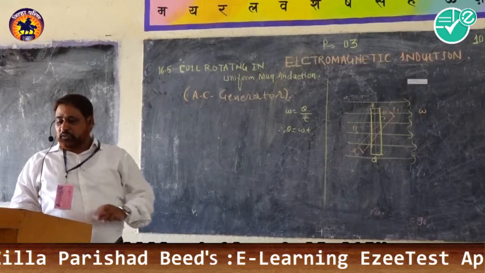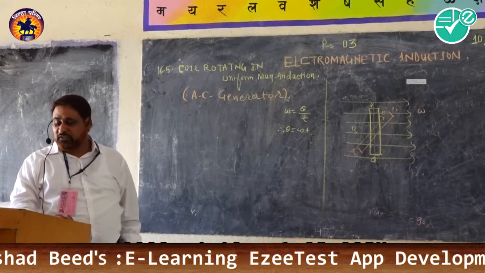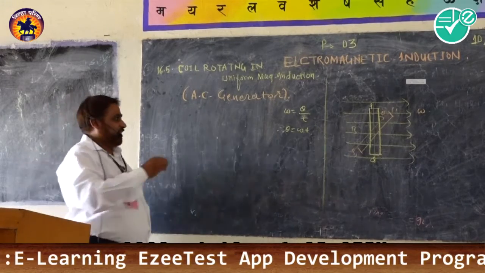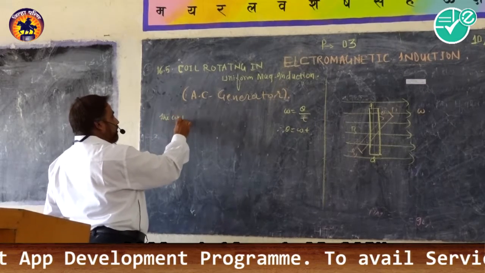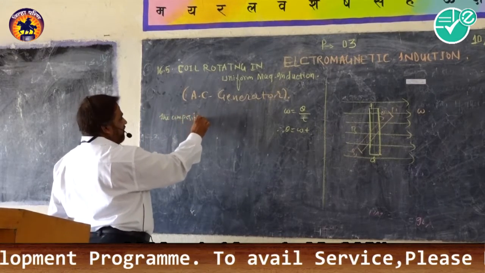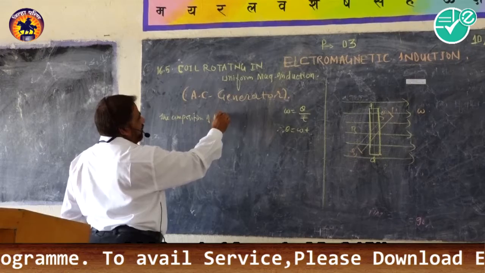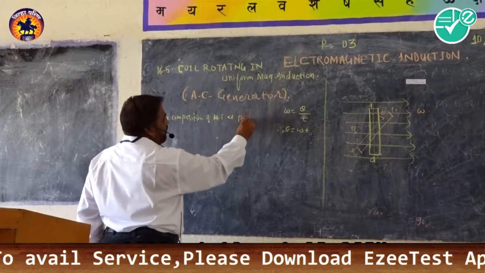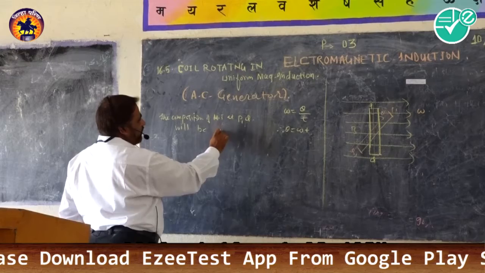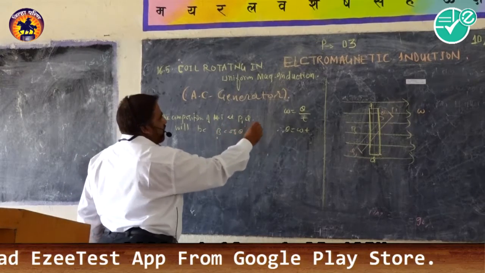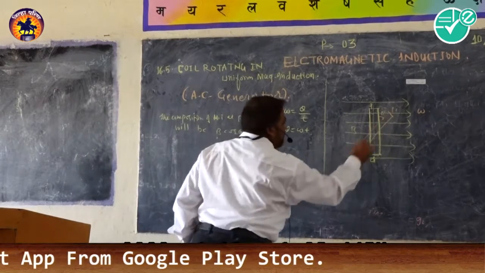So at P1 Q1, the component of magnetic induction will be B cos theta. I am talking about this particular position.